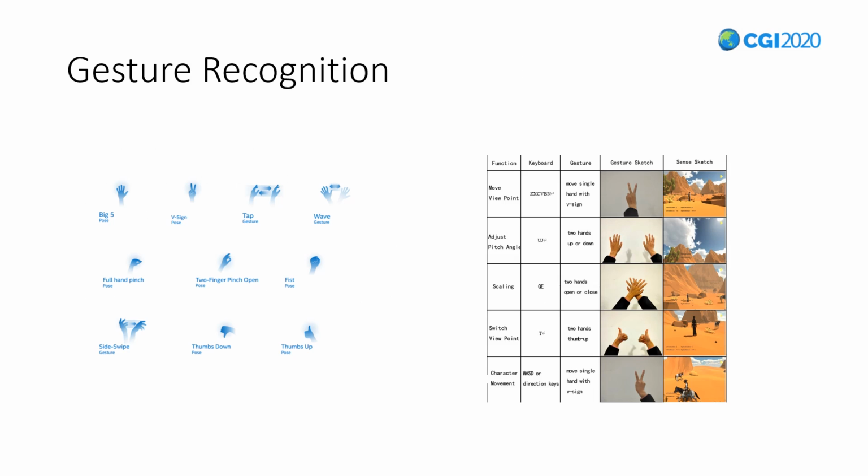There are several embedded gestures in Intel's RealSense SDK. Using these embedded gestures, we constructed new gestures to realize game functions. These new gestures are mapped to keyboard events to control the viewpoint or character's movement.